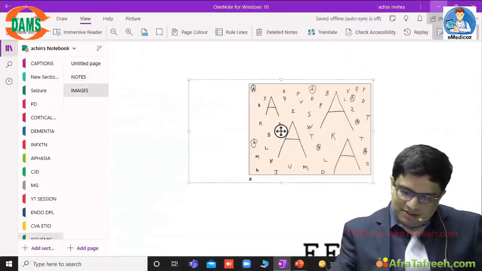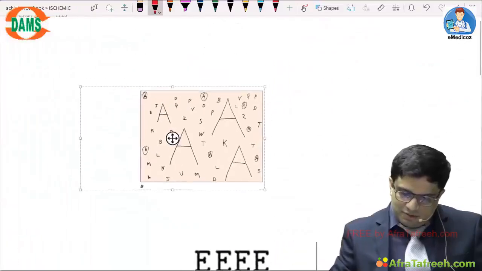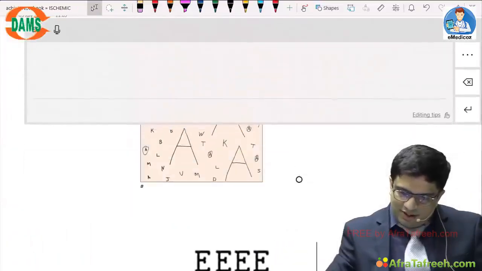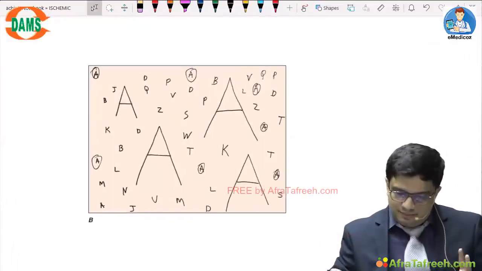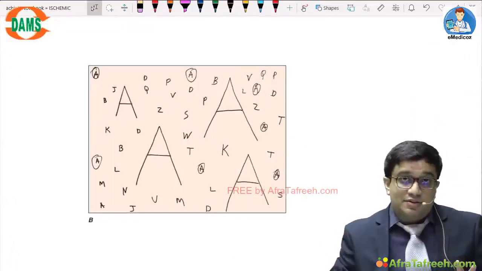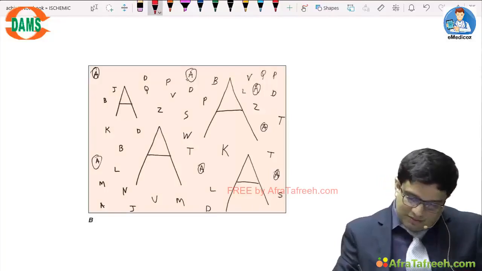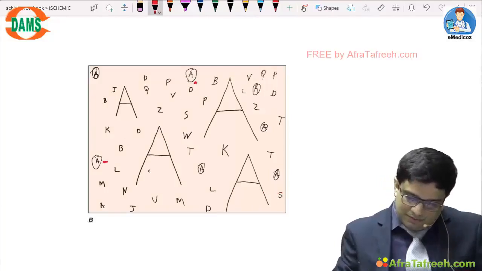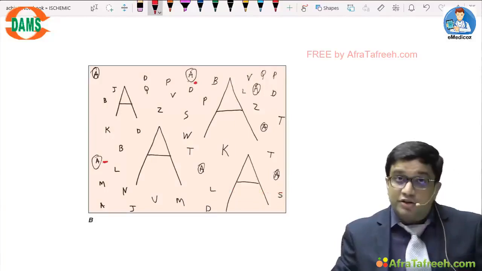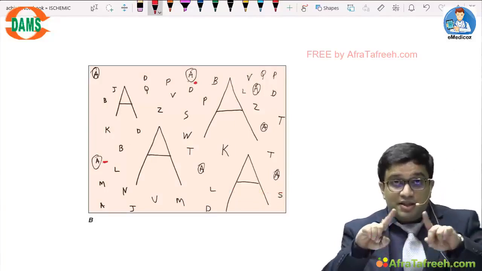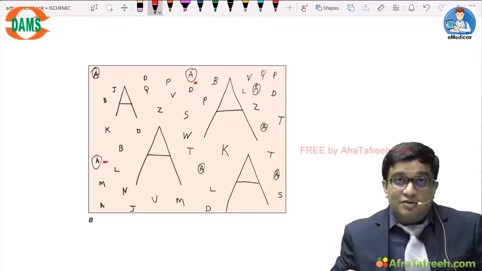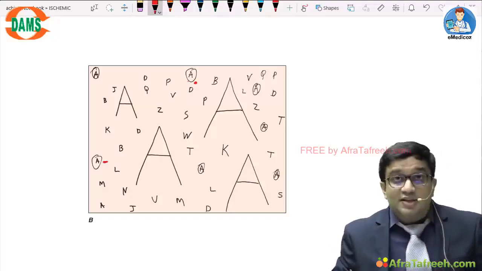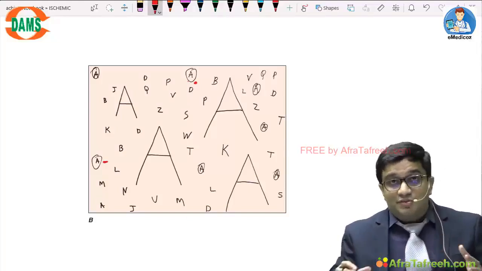Maybe in the patient's life there are a lot of problems. If I ask my patient to read all the A's, this patient will read all the small A's, but the bigger A's he cannot read, because for looking at the bigger A's he needs to integrate everything together. So we often have this problem in our life.